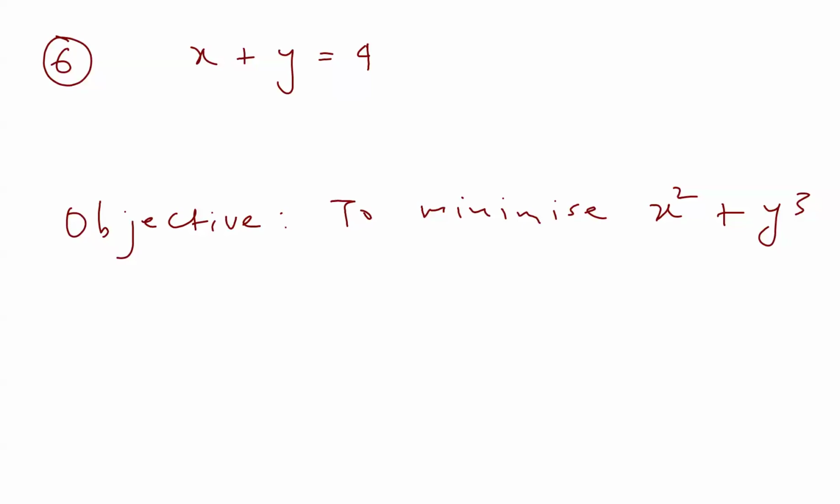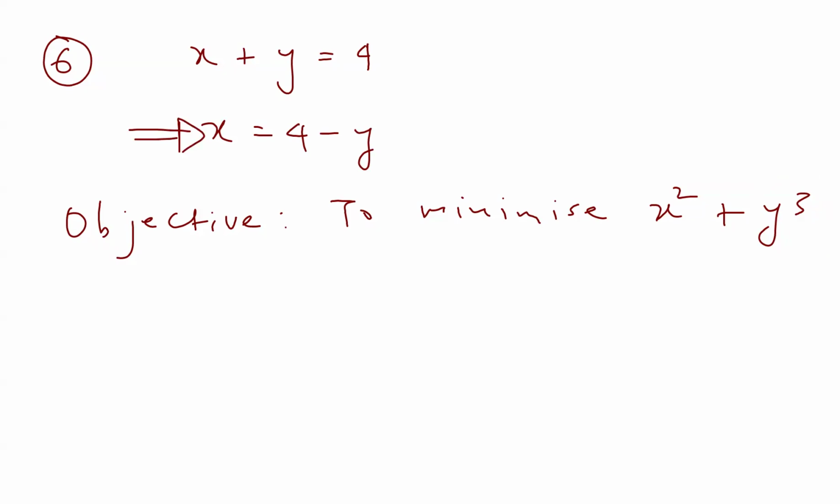So this time I don't want to disturb this y cube. I'll keep it as it is. So I'll express x in terms of y. X is equal to 4 minus y. You can also take y is equal to 4 minus x and replace the value of y in y cube. That's not a problem.